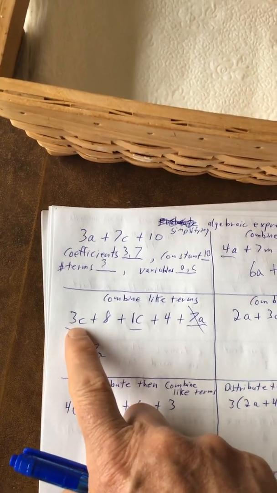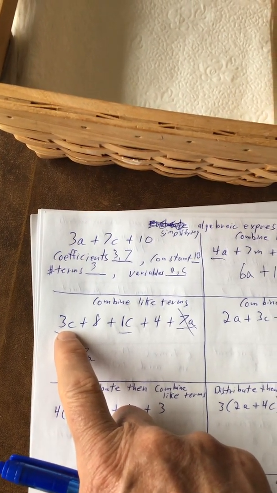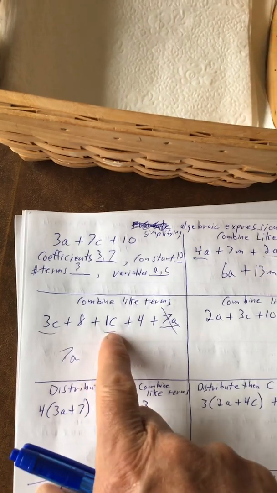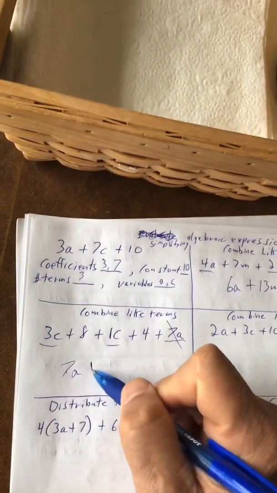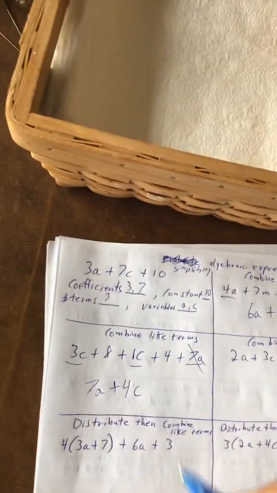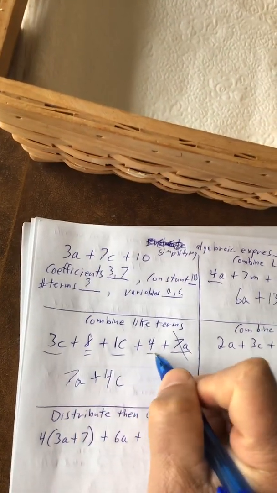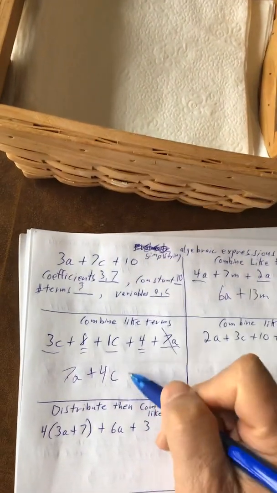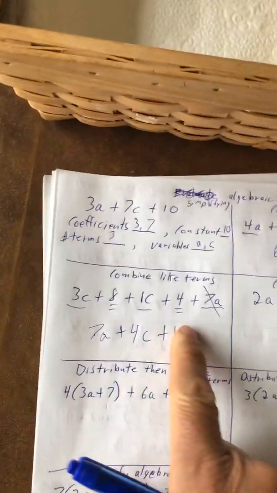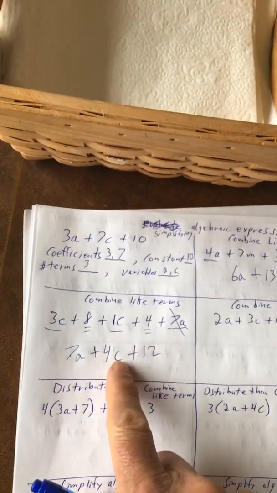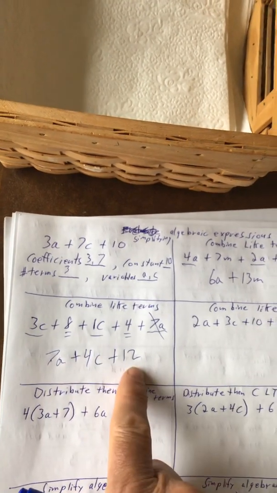3 cobras plus 1 cobra would be 4 cobras. So this is 4C. And then these are just constants. 8 plus 4 is 12. So here's my algebraic expression. It has 3 different terms.